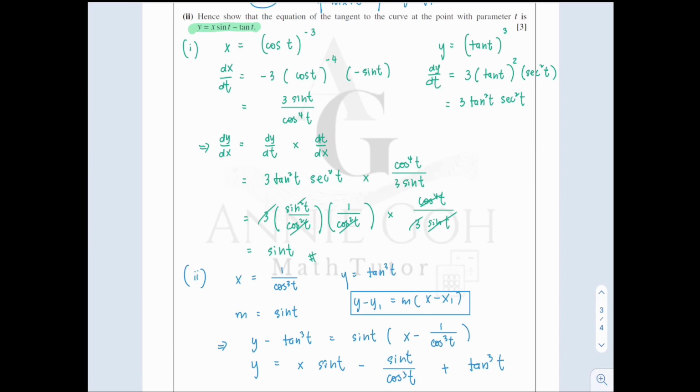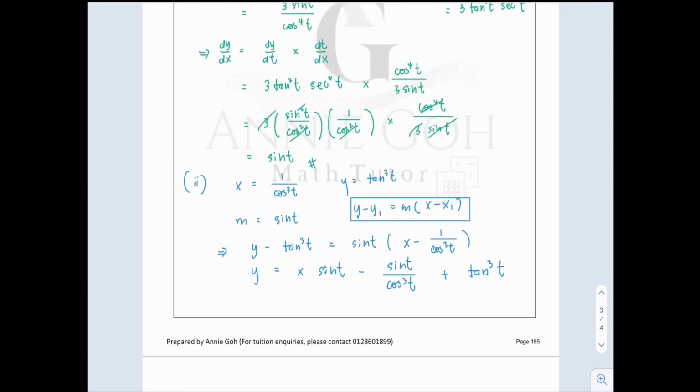So notice that the first part, the y is already arranged into the left hand side, and the first term at the right hand side, x sine t, is the same. So what we need to do now is just rearrange this part to be the same as tan t. Okay, so let me jot down the x sine t and the y.